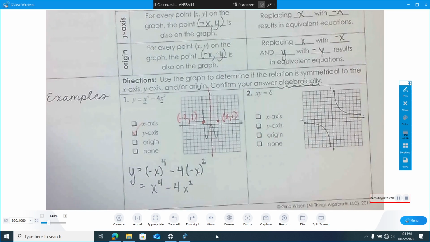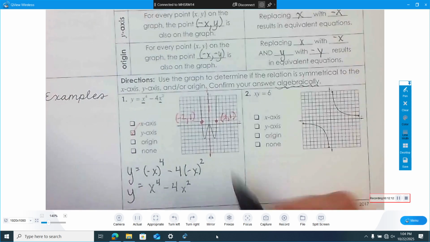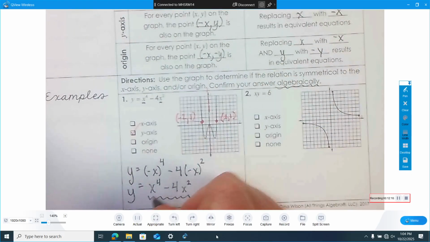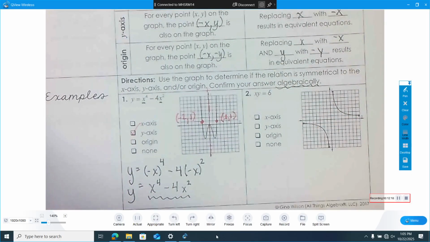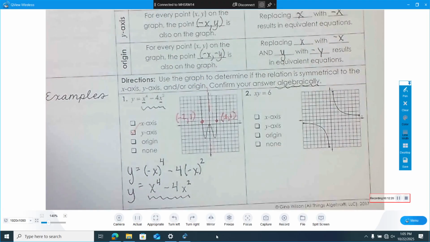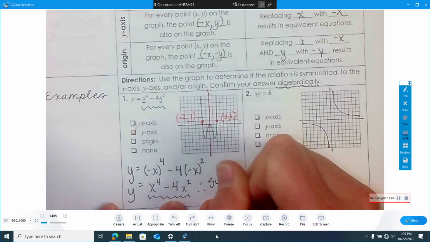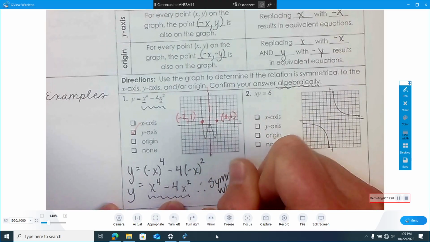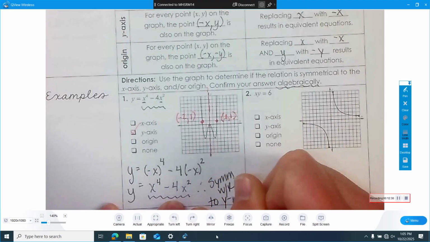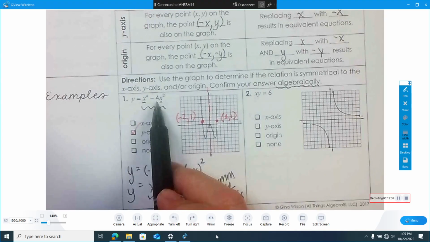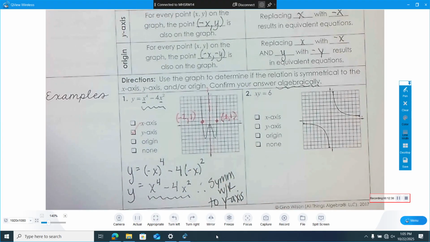It turns positive. And we notice that what we ended with here, all nice and cleaned up, matches what we started with. And so it is symmetry with respect to the y-axis. So that's the proof of it, because what we started with is the same as what we end with. Okay?